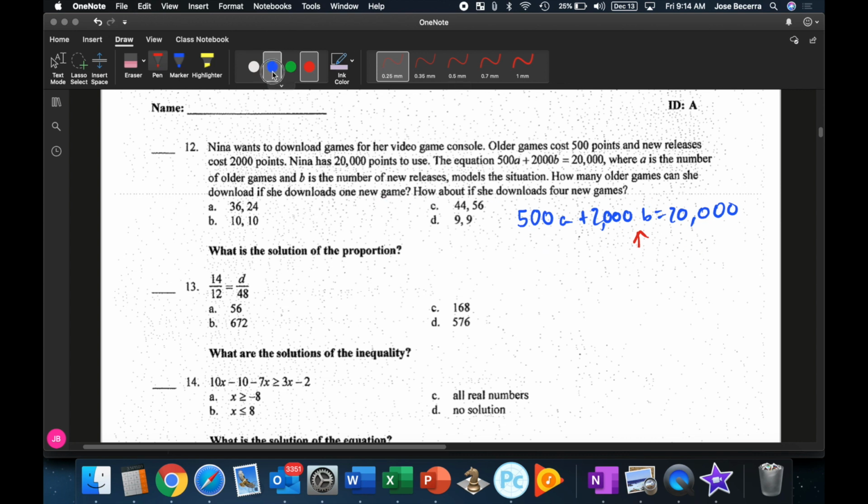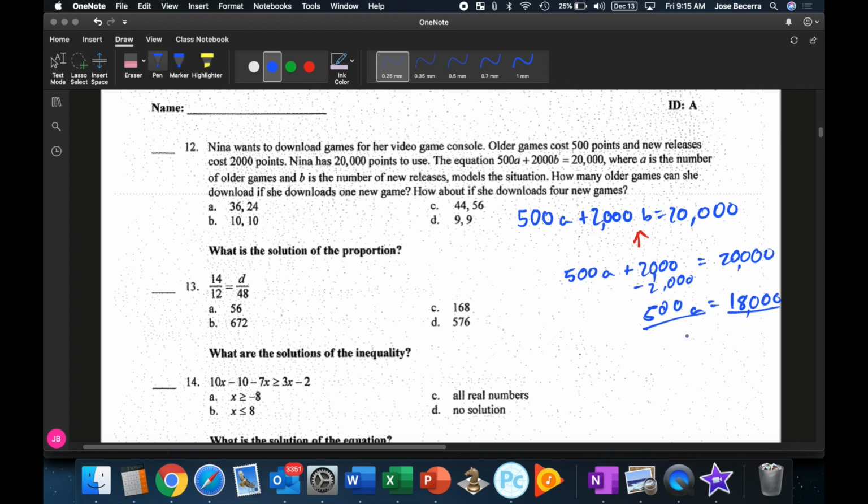So you'd end up getting 500A plus, well, 2,000 times 1 is just 2,000. 2,000 is equal to what? 20,000. Okay? So what you would want to do here is subtract 2,000, and you get 500A is equal to what? 18,000.